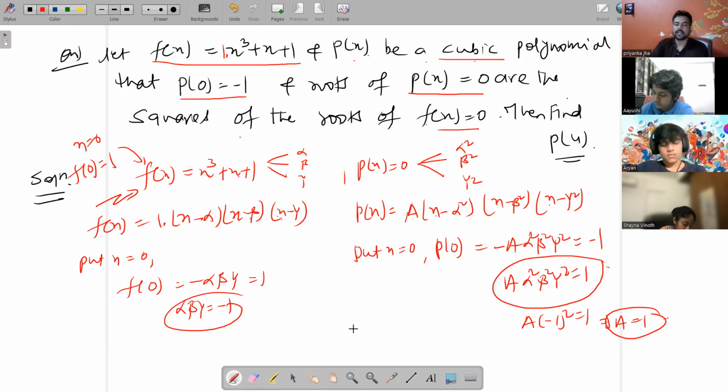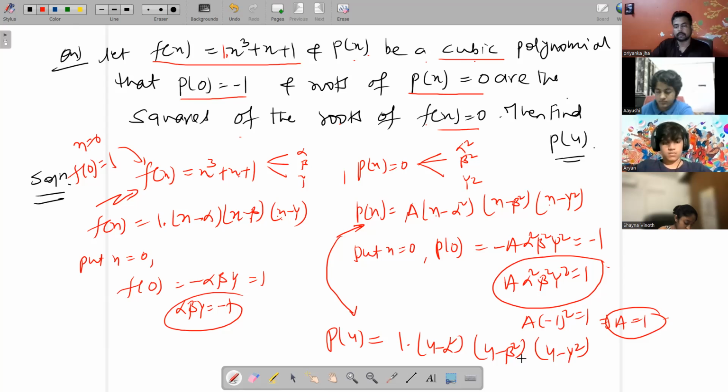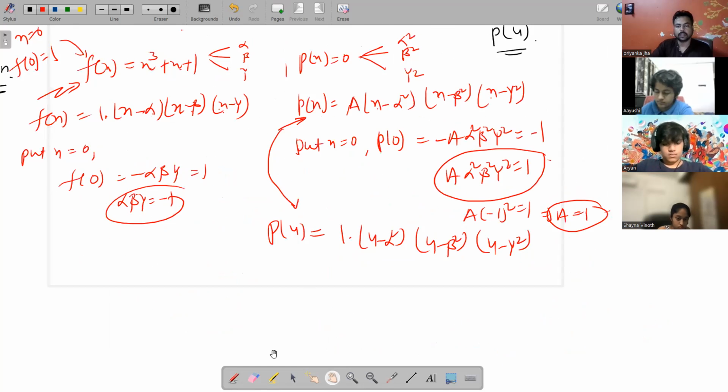Perfect. Now we have to find p(4). So p(4) is, in this equation, you put x equal to 4. So we'll get p(4), that is, a is 1, 4 minus alpha square into 4 minus beta square into 4 minus gamma square. Now simplify this, a square minus b square.